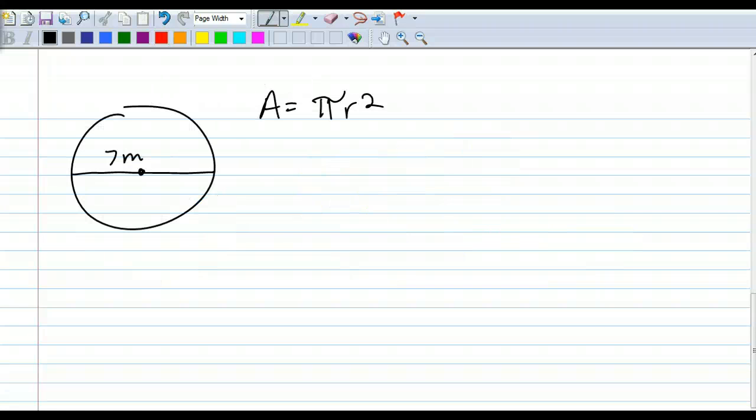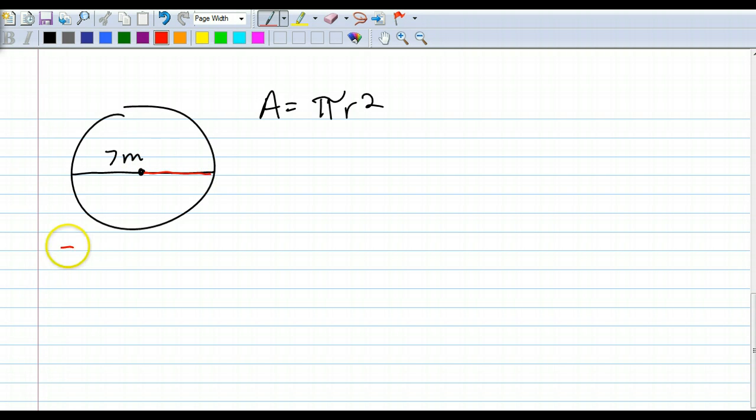Let's go. Okay. I just realized there is one more thing I want to show you, and that is when you have a circle, and they don't give you the radius, they give you the diameter. So what are you supposed to do then? Well, remember the radius is just half the diameter. It's half of it.